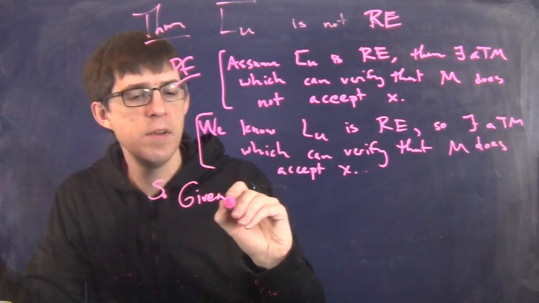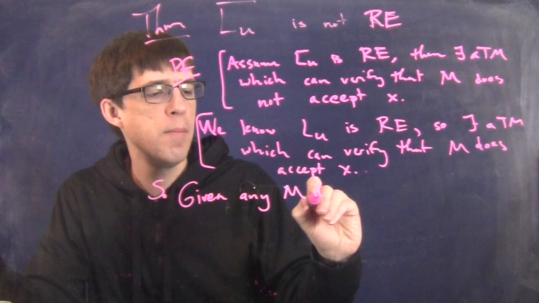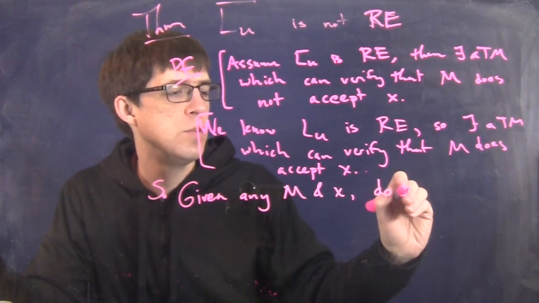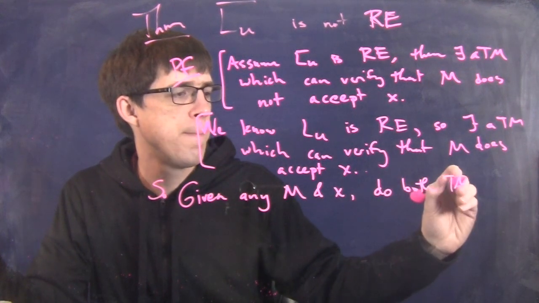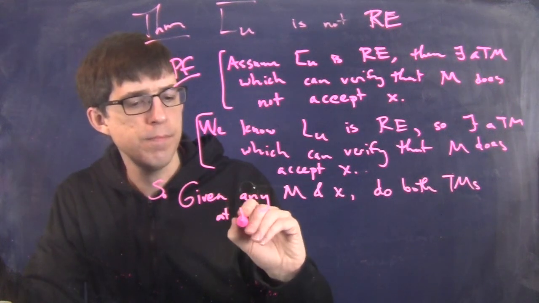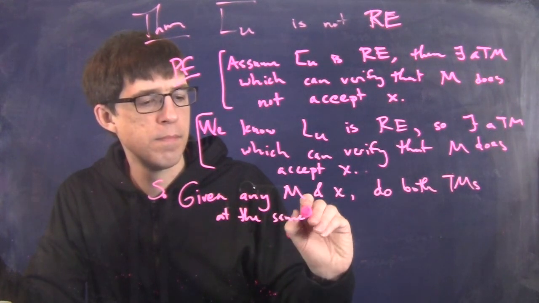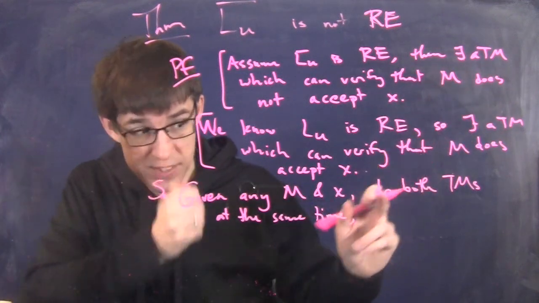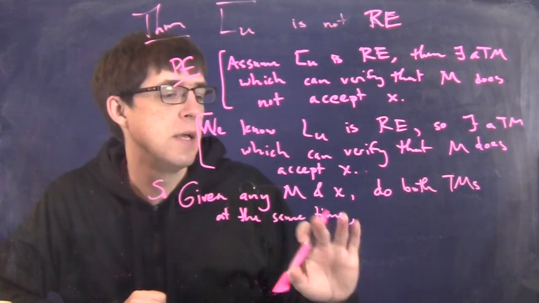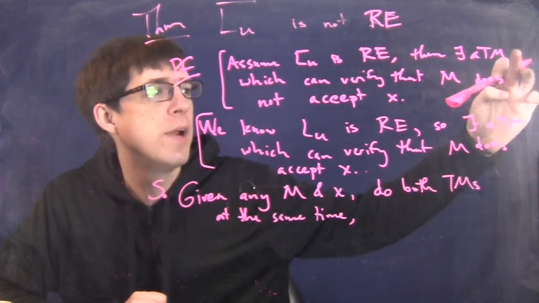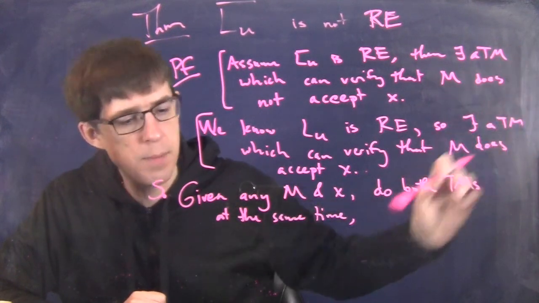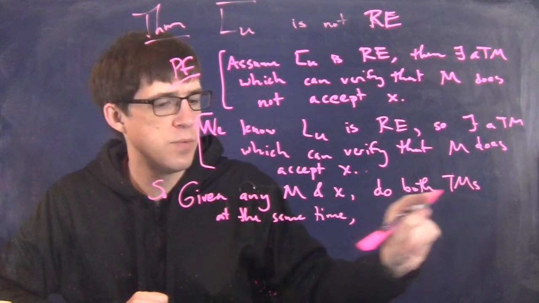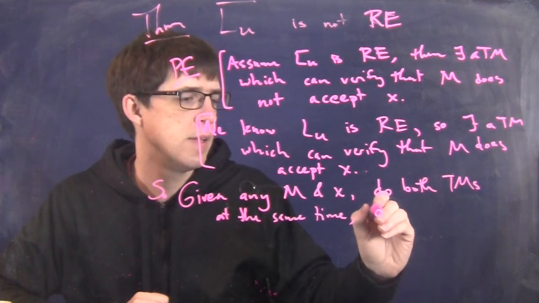So, given any m and x, we do both Turing machines at the same time. And one or the other will actually halt, right? Because either m accepts x or it doesn't. And whichever one it is, one of these two machines will be able to verify.